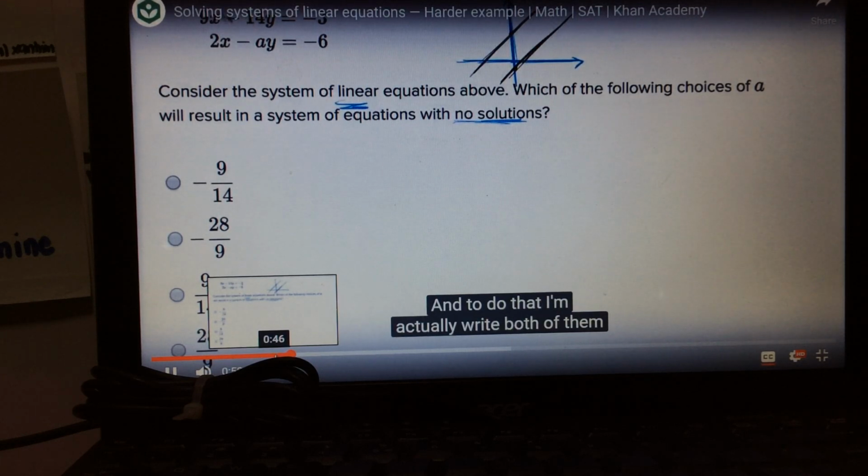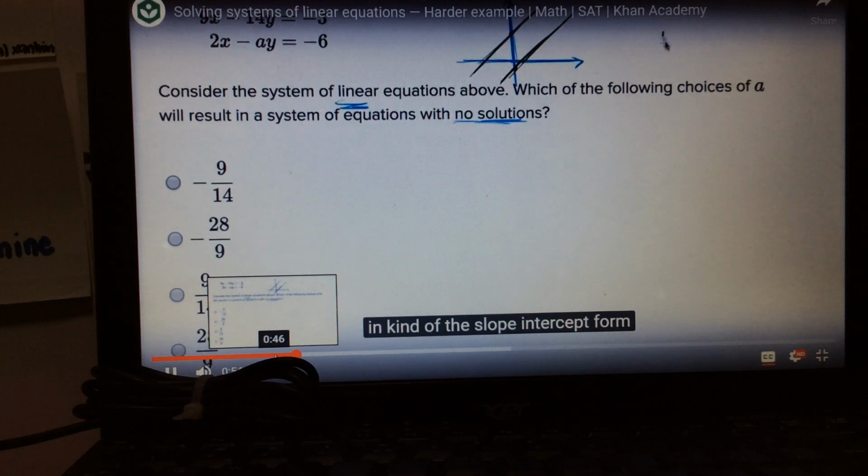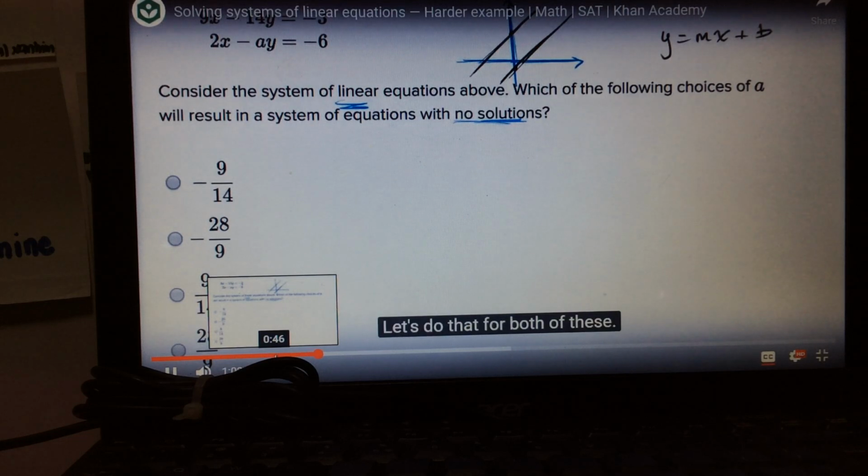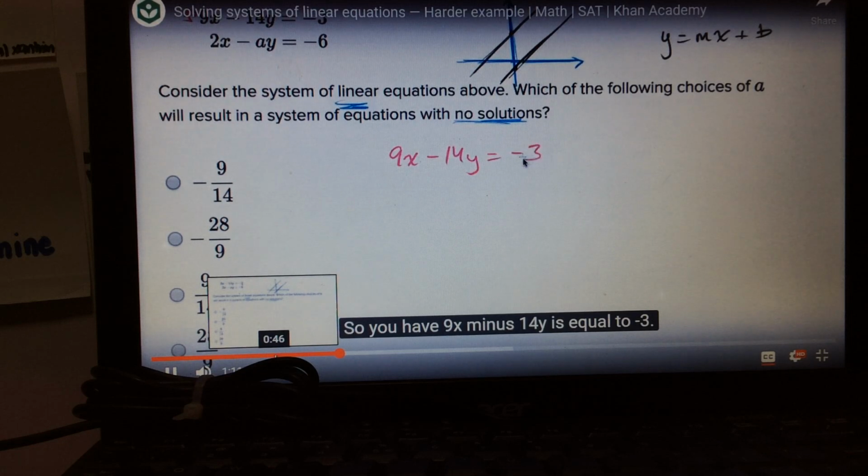To do that, I'm going to write both of them in slope-intercept form, where y is equal to the slope times x plus the intercept. Let's do that for both of these. First, this one up here: 9x minus 14y is equal to negative 3.